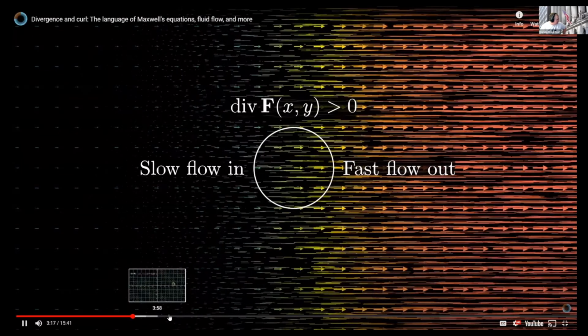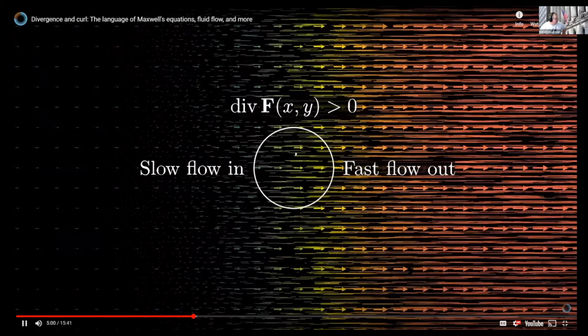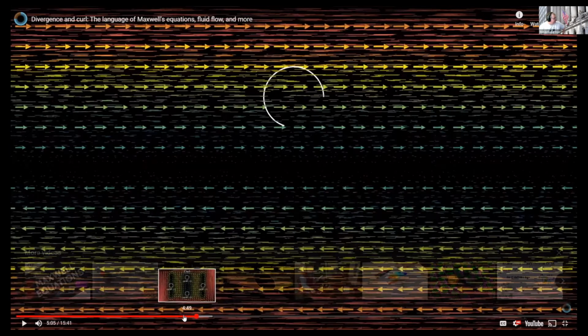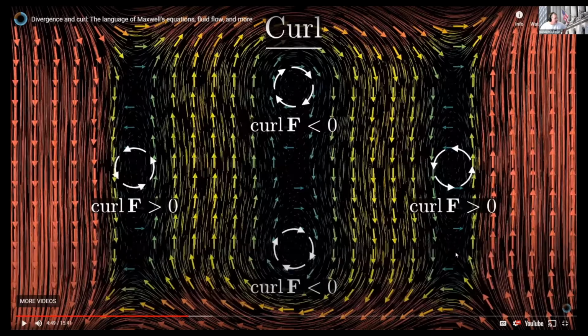So if I can jump ahead, this is what curl does. Let me pause this. If you imagine a vector field at some of these key places, at any given point, when you take account of everything around it, there is very often a kind of rotational movement going on, like a current flow.